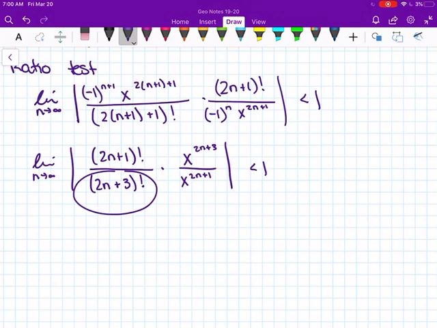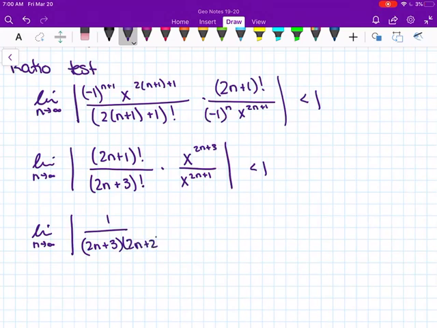So let's write it out though. Limit as n goes to infinity. Well, the whole numerator is going to cancel there, and I get 2n plus 3 times 2n plus 2. Everything else will cancel. And then I have x squared at the top.